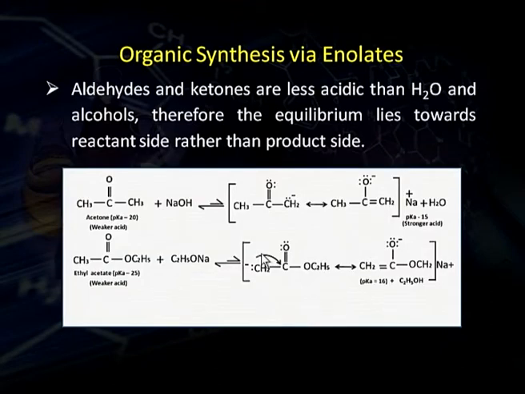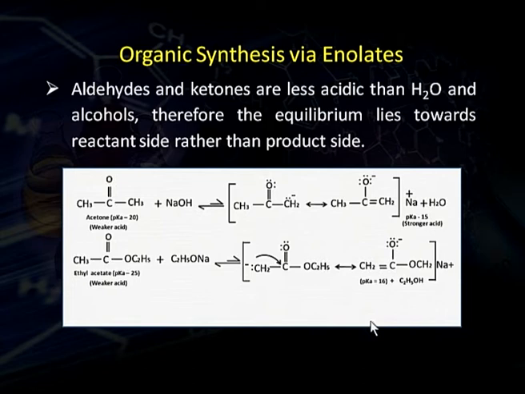Aldehydes and ketones, though unusually acidic in nature, are weakly acidic. When we treat them with sodium hydroxide, they get converted into enolate anions and water is formed. In the second case, ethyl acetate, when treated with a base like sodium alkoxide, is also converted into enolate anion and ethanol is formed.